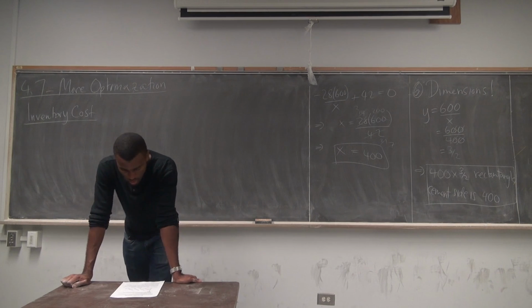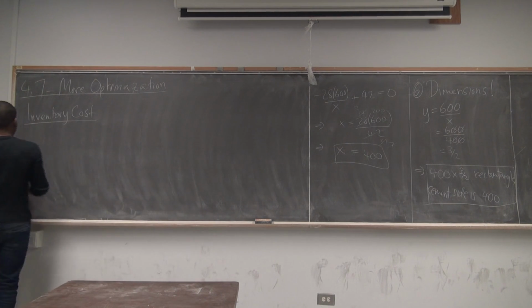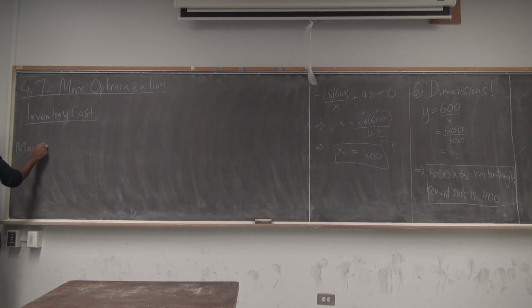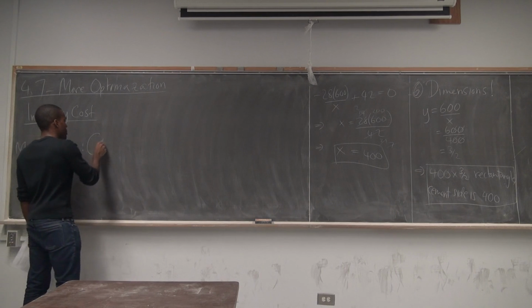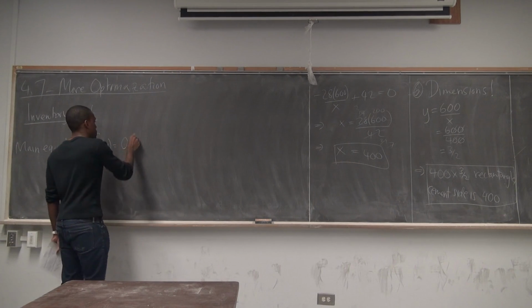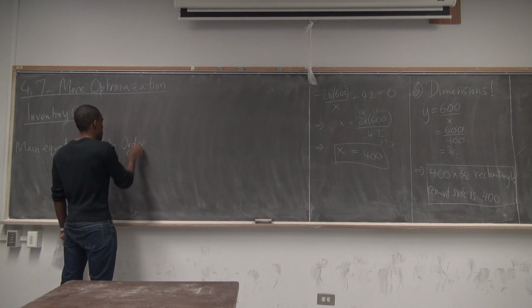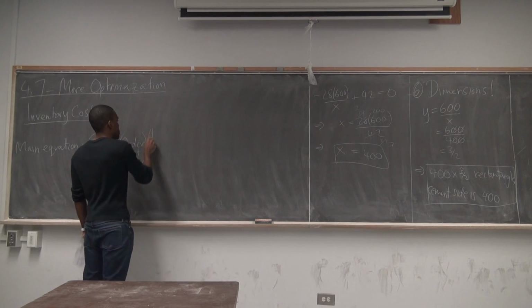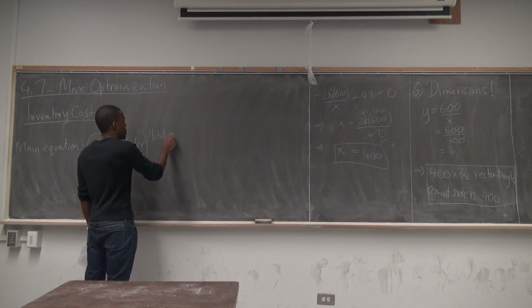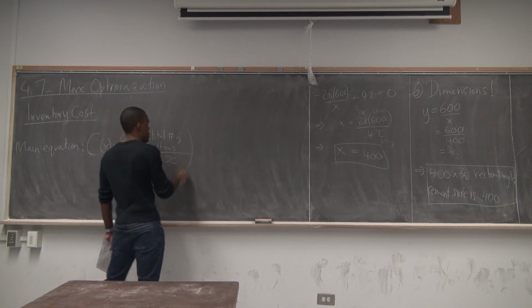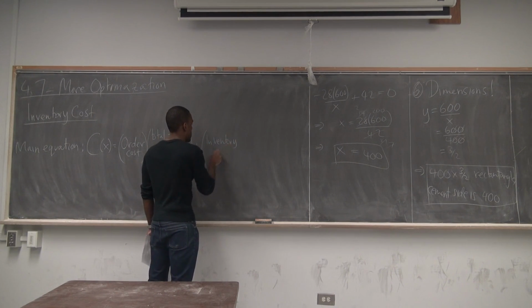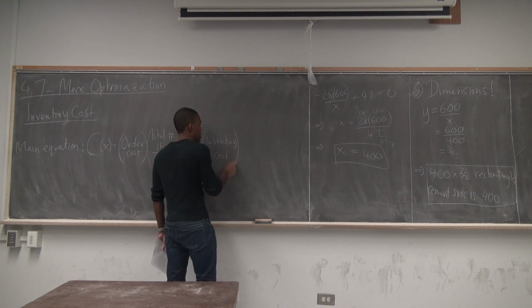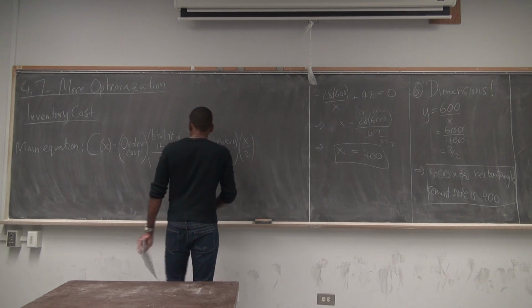And therefore, you end up with this equation: C of X equals order cost times total number of items over X, plus inventory cost times X over 2.